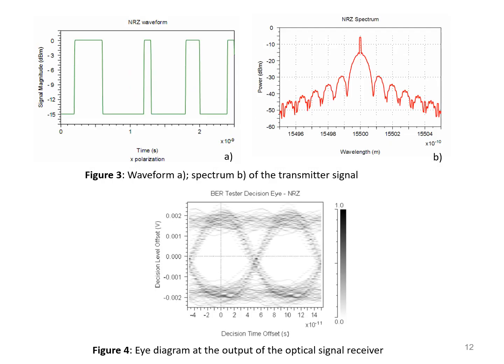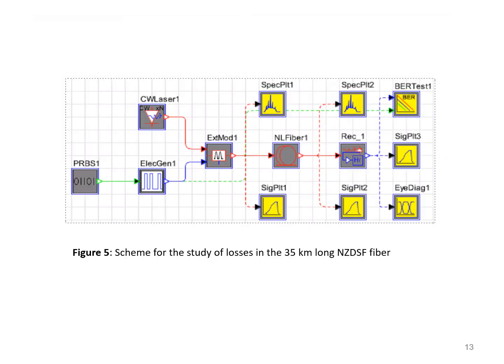This slide depicts the waveform and spectrum of the signal input to the fiber and the signal at the output of the optical signal receiver. Next slide illustrates the scheme for the study of losses.